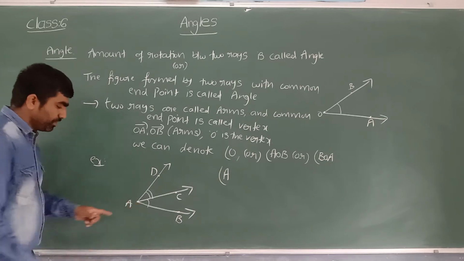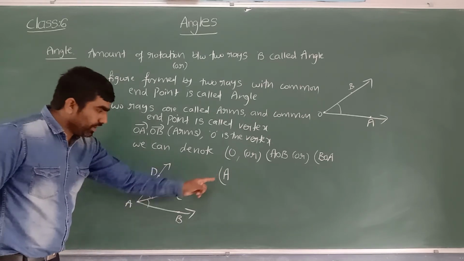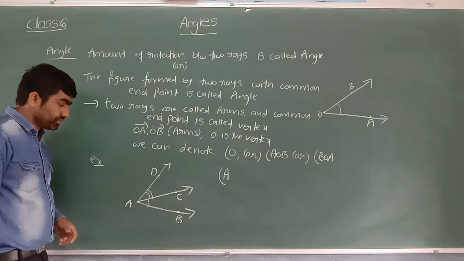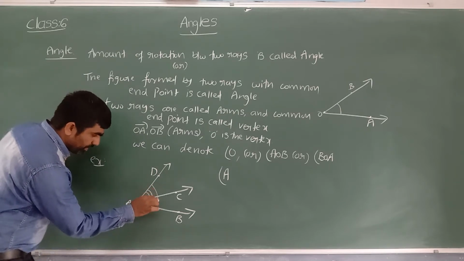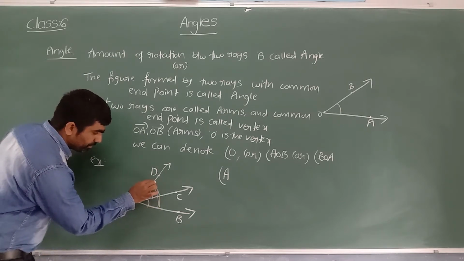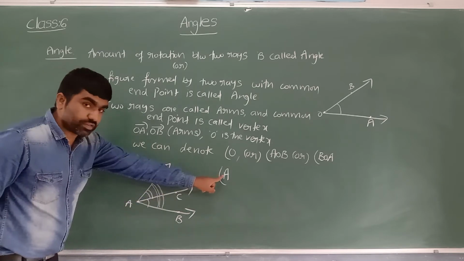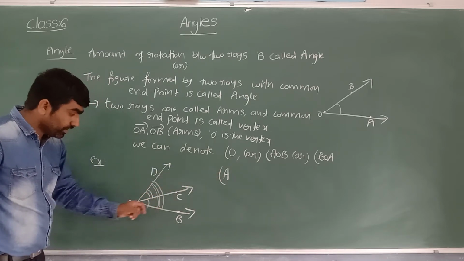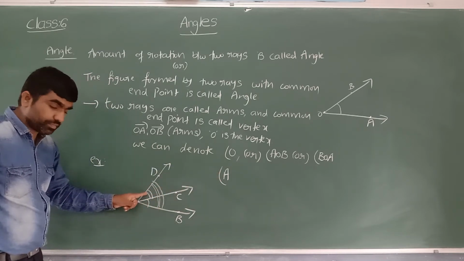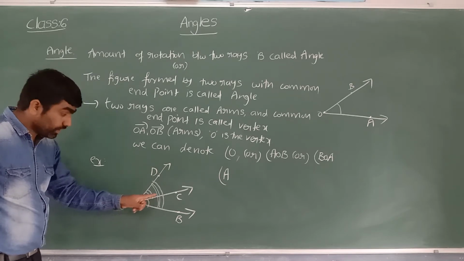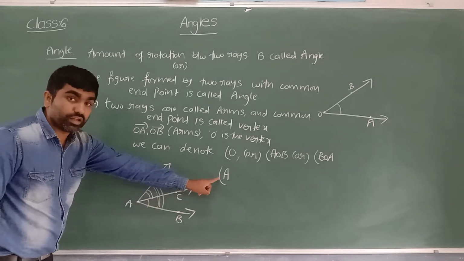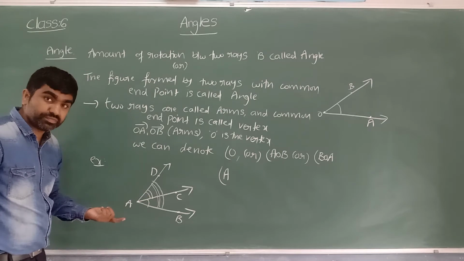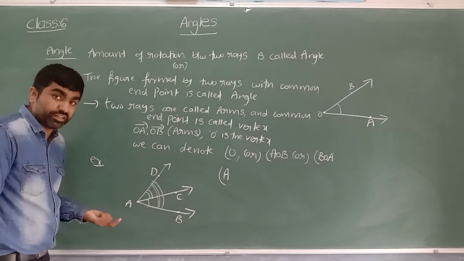Angle A means we get n number of possibilities. Can I take the whole angle, or the upper part, or the lower part? Three possibilities are there, so which one should I consider? Questions may arise like this.